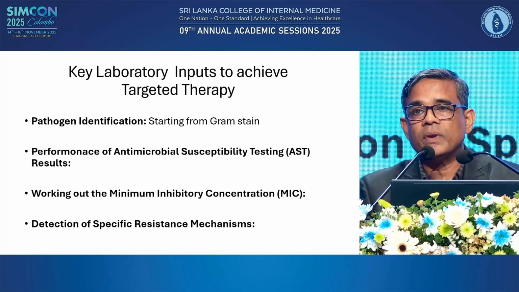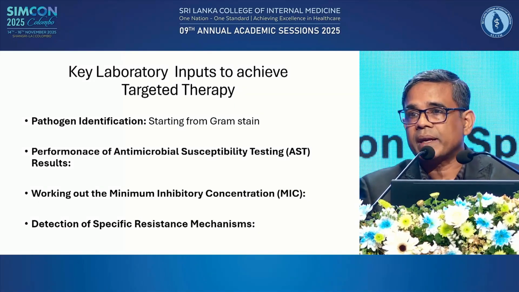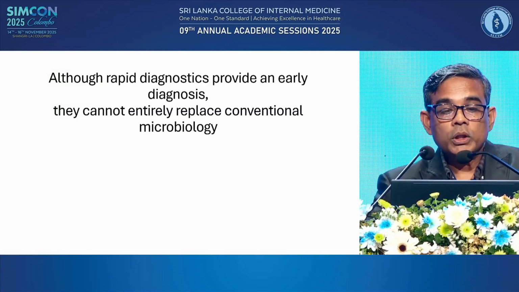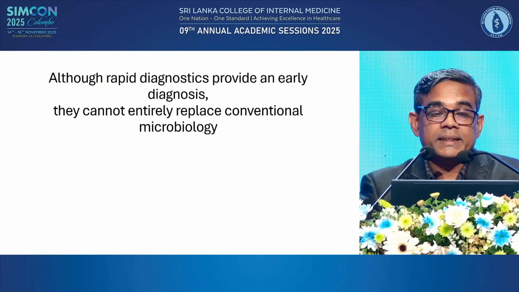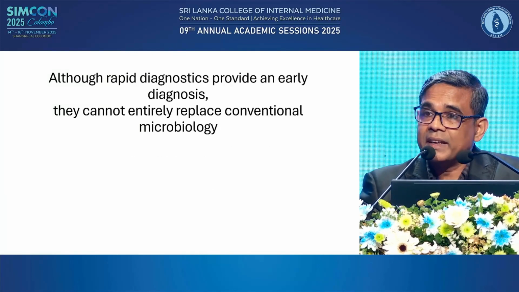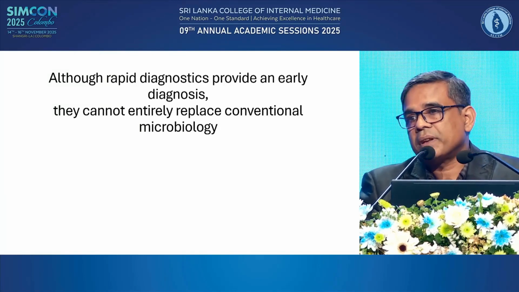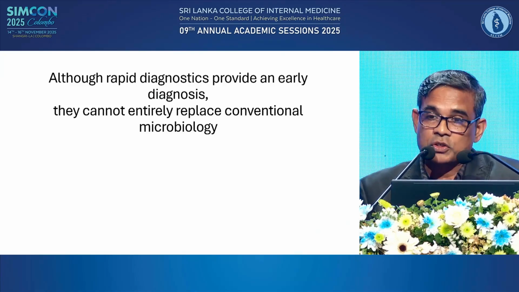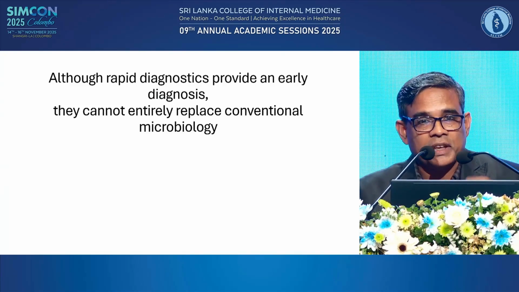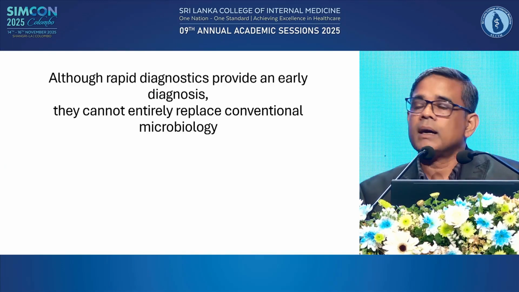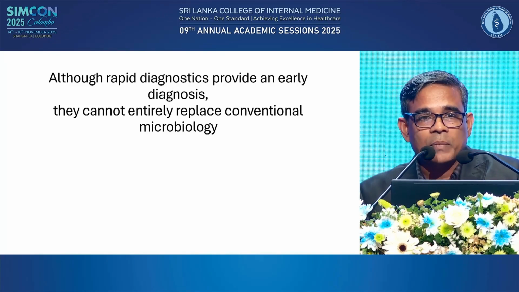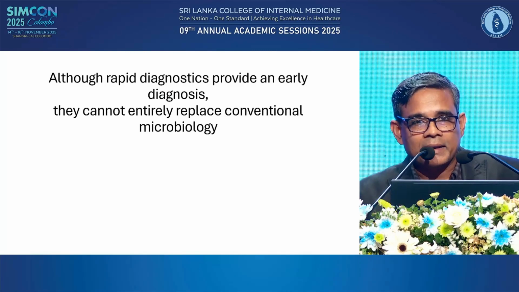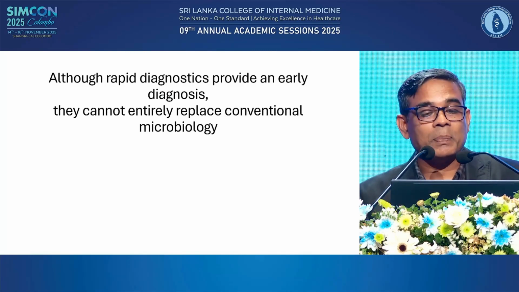The treatment will depend on their antimicrobial resistance profiles. Although rapid diagnostics provide an early diagnosis, we cannot entirely replace conventional microbiology. Because, why? Because we have to live. So you can't replace conventional microbiology because it helps microbiologists to earn and live. So therefore, you can't replace it.